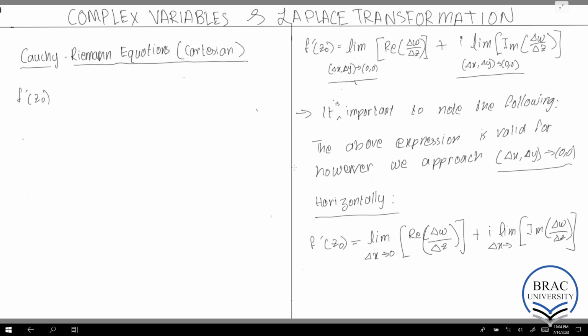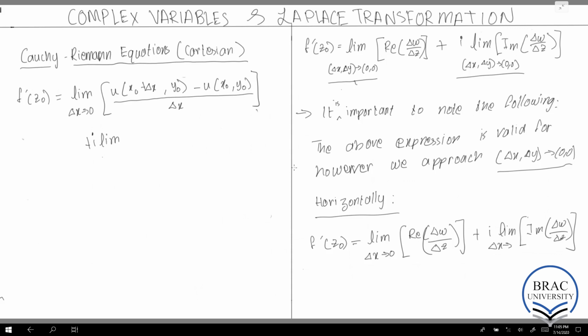Now, I've skipped a lot of steps, but what happens at the end is the following statement, where we have the limit as delta x tends to 0 of u of x naught plus delta x, comma y naught, minus u of x naught, y naught. It's easy to note that this is something you have seen in the derivatives video in week 2, plus also our limit operator.